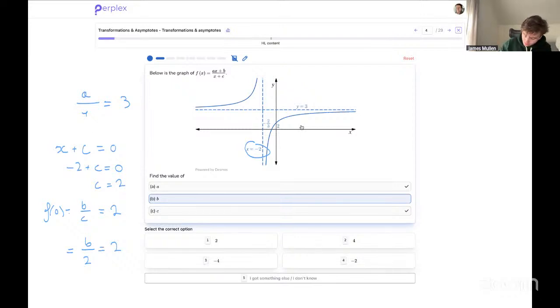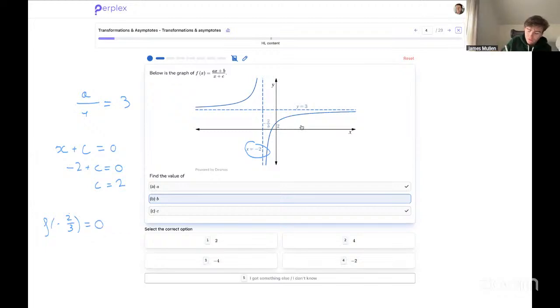Oh, sorry. So we actually have a better way of doing this for part b. The graph is giving us the x-intercept. So I have an x-intercept at minus 2 over 3, which means if I plug in x equals negative 2 over 3, I should get 0 for f of x. So f of negative 2 over 3 is equal to 0. What does that look like?